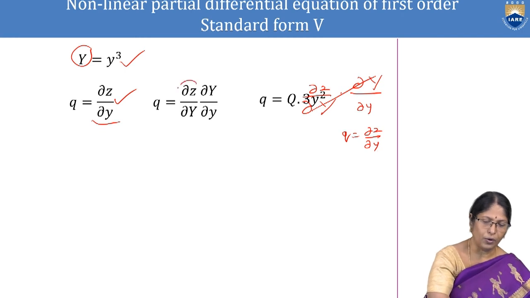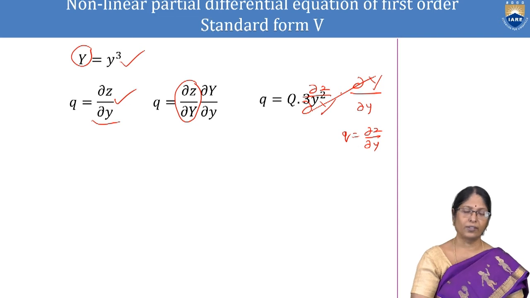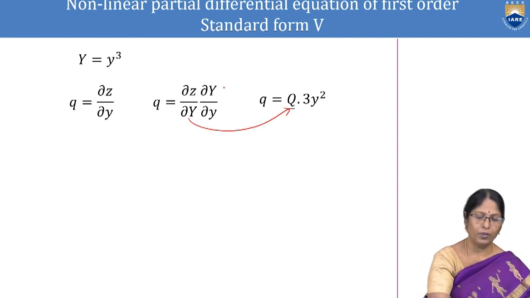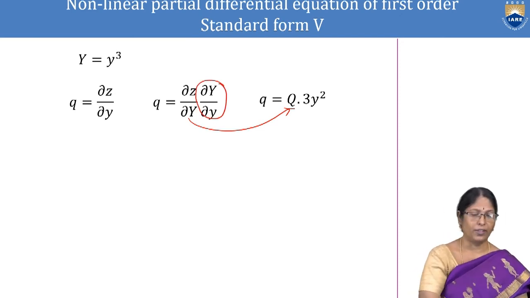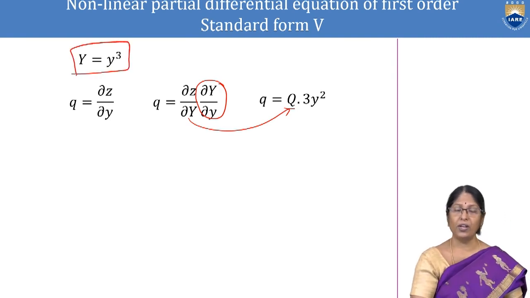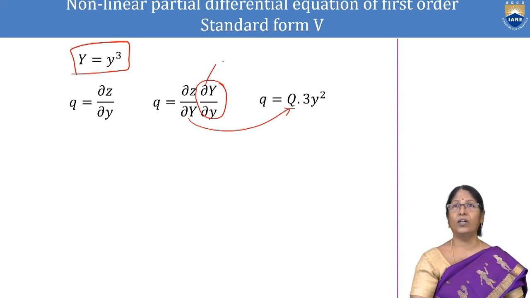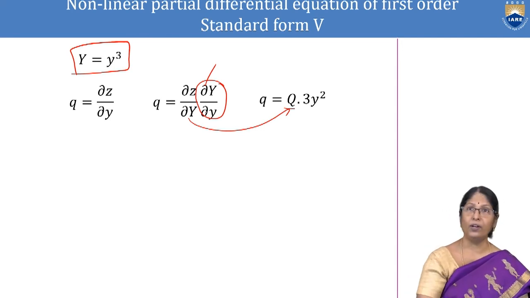But here dou z by dou capital Y is there. That is the reason we introduce capital Q into dou capital Y by dou y. Here we have to do the differentiation partially. If dou is there, the word partially is compulsory. So dou Y by dou y.